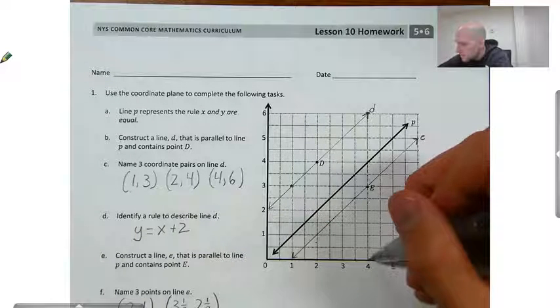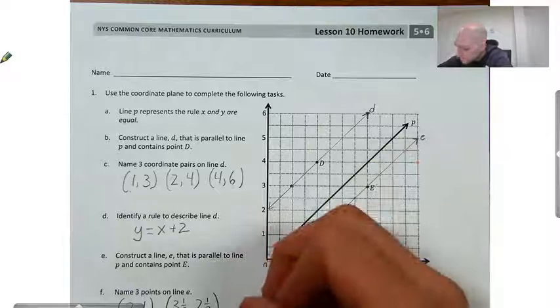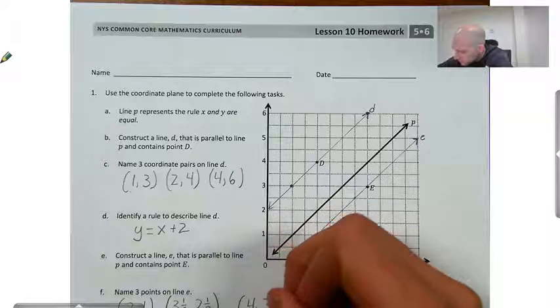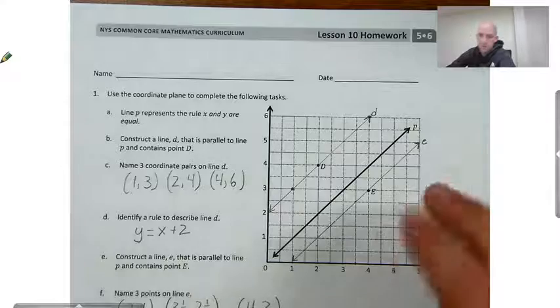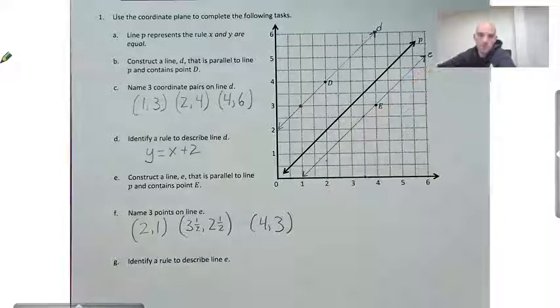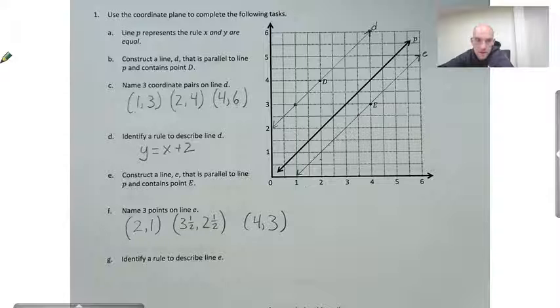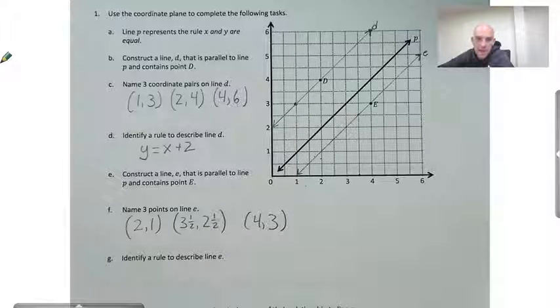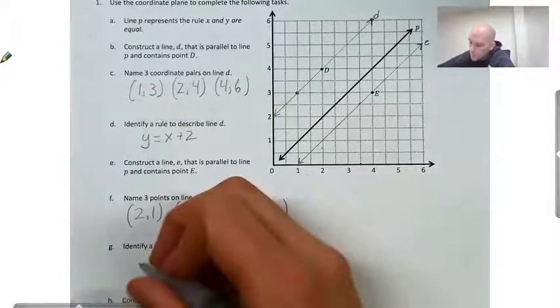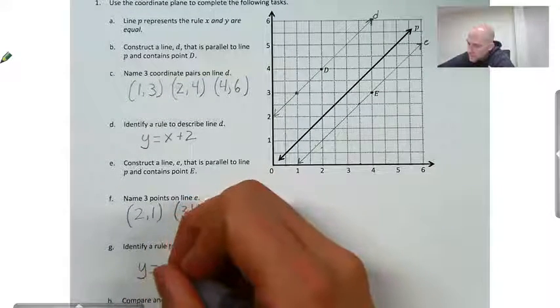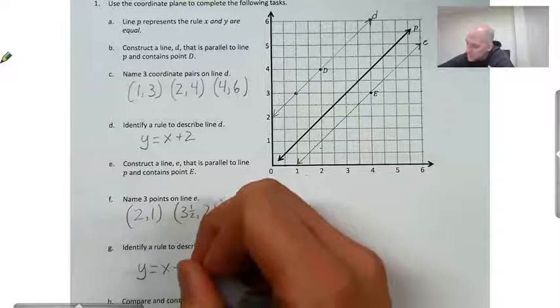And then E is 4, 3. So the rule that we're going to see here is it looks like our Y value is always 1 less than our X value. So our rule will be Y equals X minus 1.